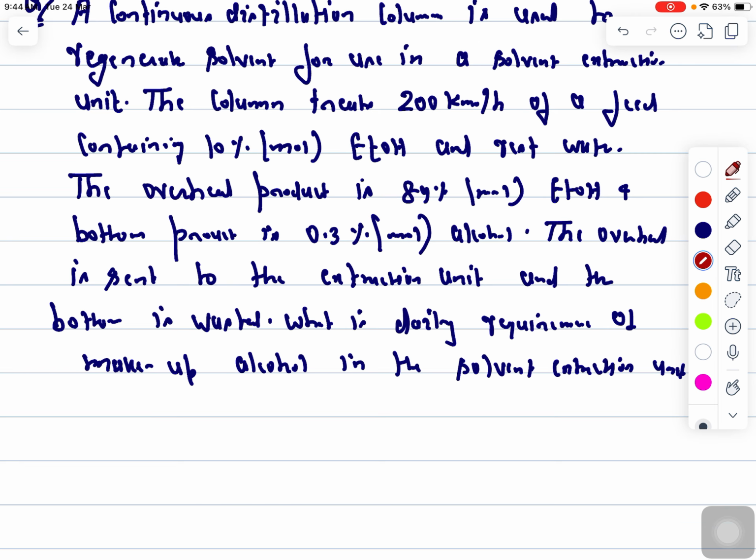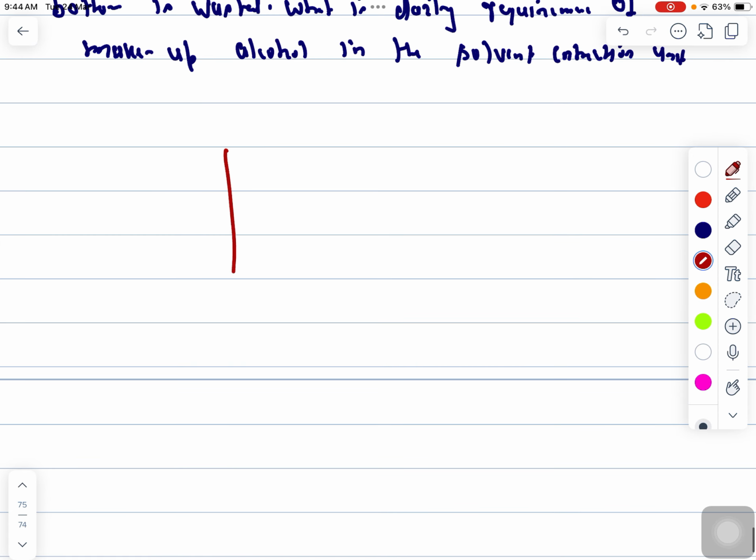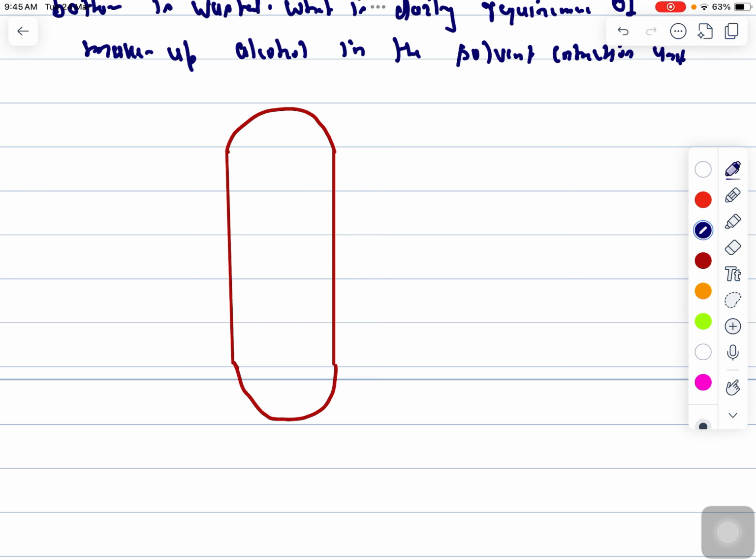Just try to understand this. So basically you have a distillation unit, and in the distillation unit you are sending an alcohol and water mixture, right? The alcohol and water mixture is coming here as a feed, and the feed is given as 200 kilomole per hour, and the mole fraction of alcohol here is given as 10%, so 0.10.